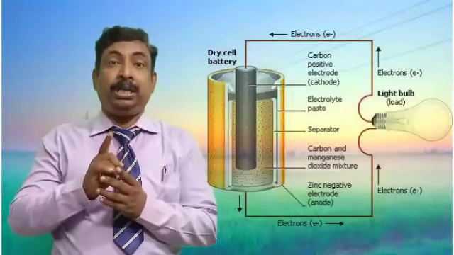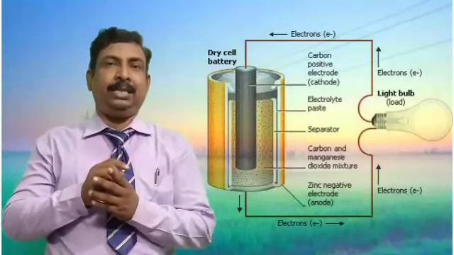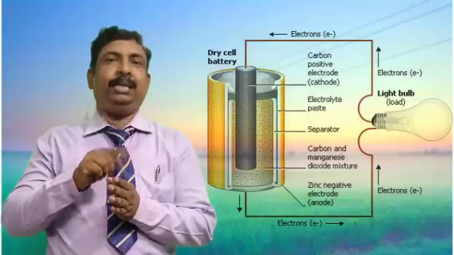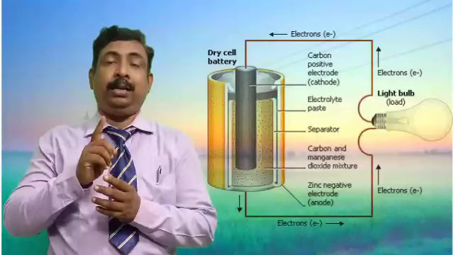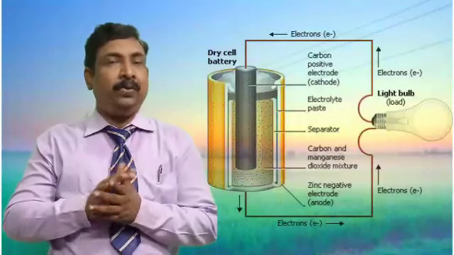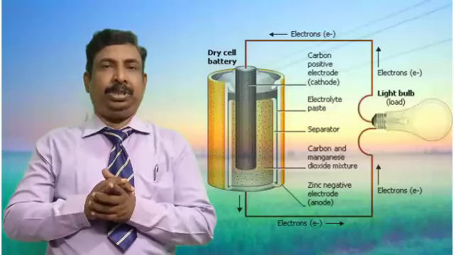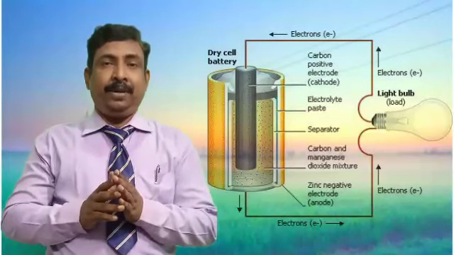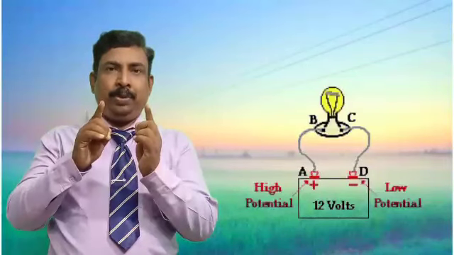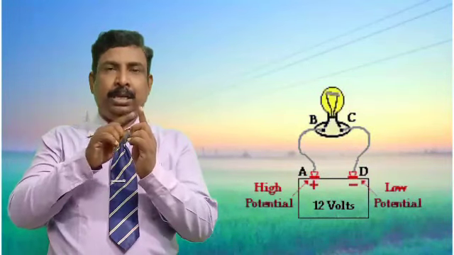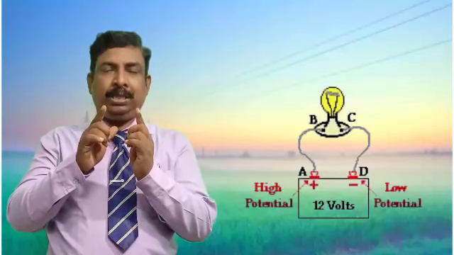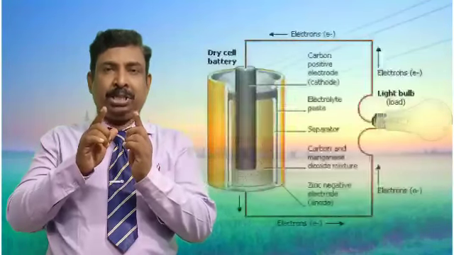Potential can be defined as the work done by the unit positive charge. Potential difference means one point is at higher potential and another point is at lower potential. The difference between these potentials we call potential difference.